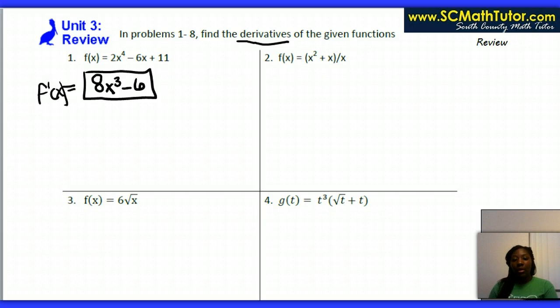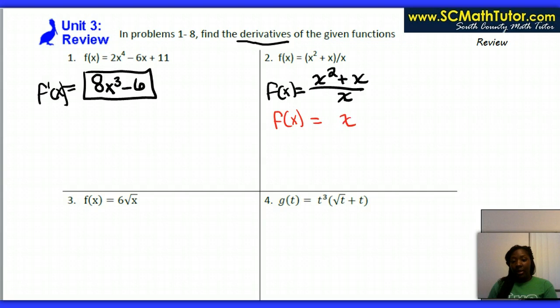On the second one, x squared plus x over x. Okay, so you look at this, and a lot of you might look at it and just say, okay, we can do a quotient rule, but actually that's harder than I want to make it. So what I want to do is go ahead and simplify this. I noticed that I can factor out an x in the numerator because x squared plus x has x in common.